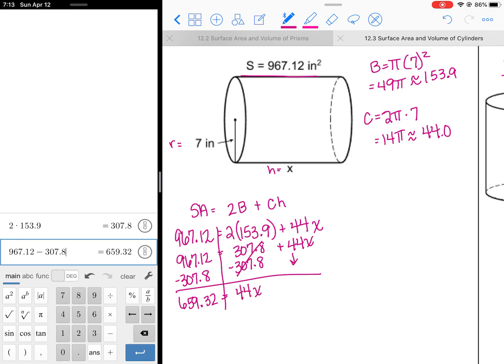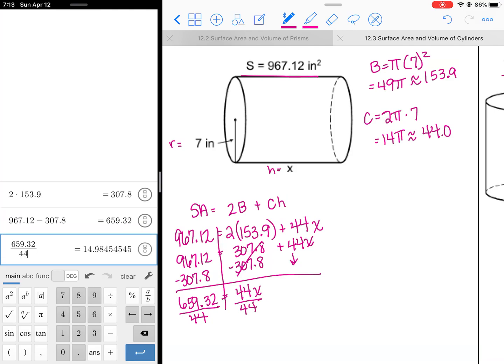So now to get the x by itself, I need to divide both sides by 44. So I'm going to take 659.32 and divide that by 44. And I want to round to the nearest tenth, the first decimal place. So when I do that, I get that x equals 15 or 15.0. So I found the value of the variable.